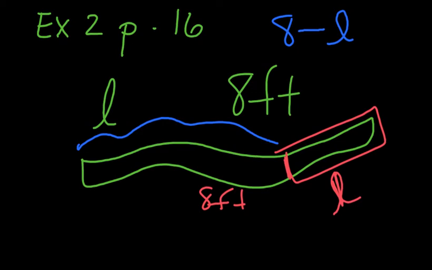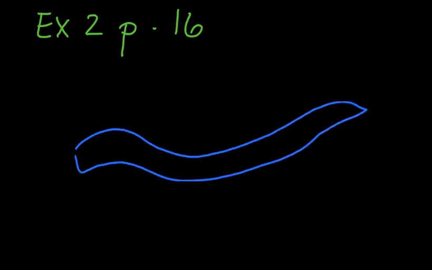Okay. Now, look down the page to guided practice number 2. It says, what if, in this same example about the ribbon, you cut the original ribbon into P pieces of equal length? So here's my ribbon. It's 8 feet long, remember.